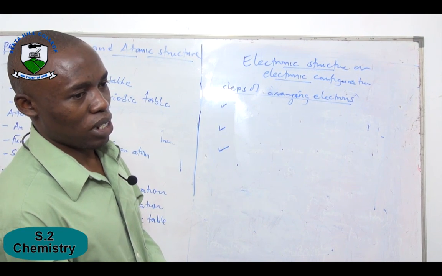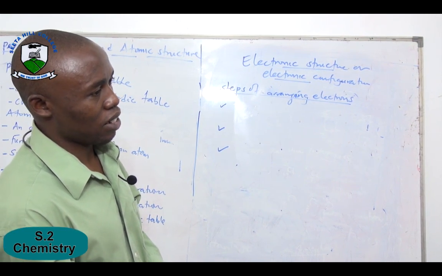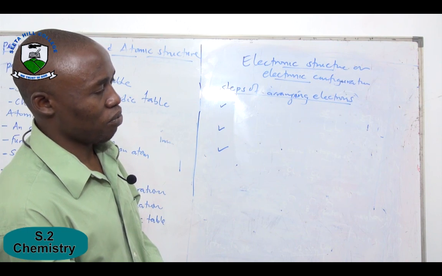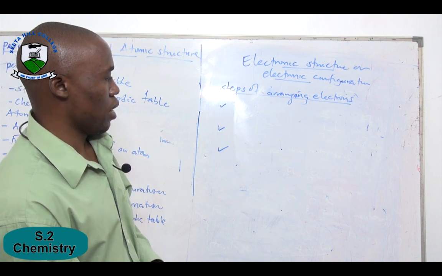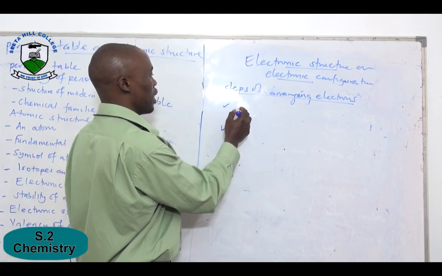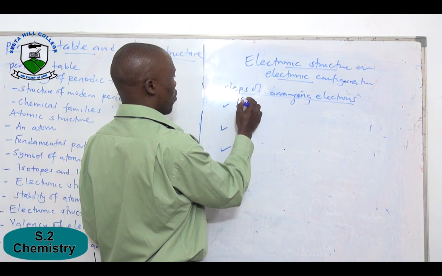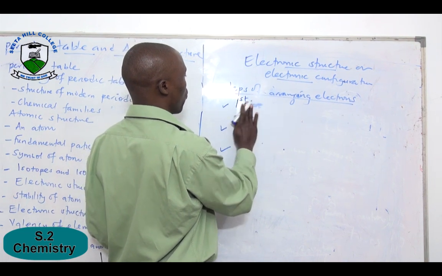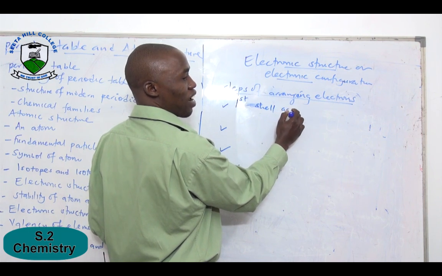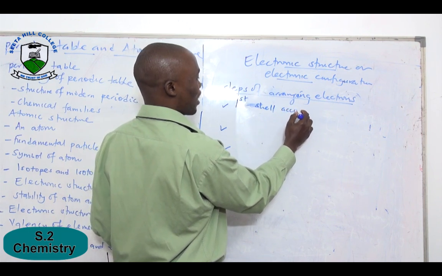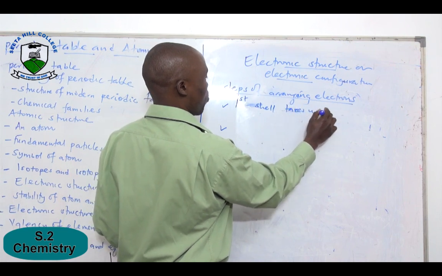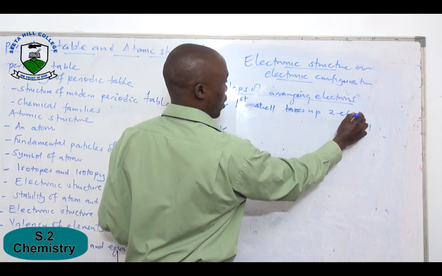Every atom, you know that it had what? It had energy levels, not so? Now, if it has energy levels, meaning electrons are arranged in energy levels. First energy level or first shell takes up a maximum of 2 electrons.